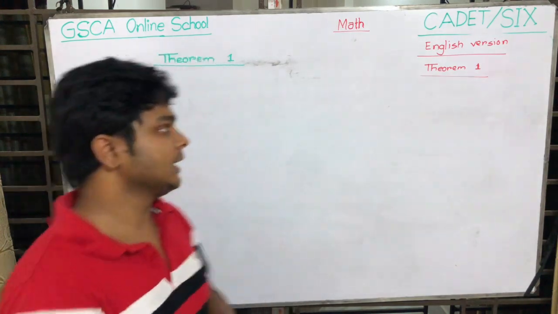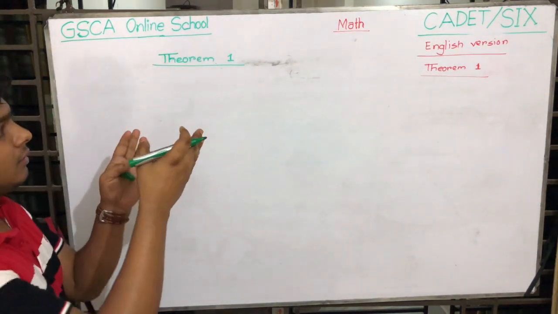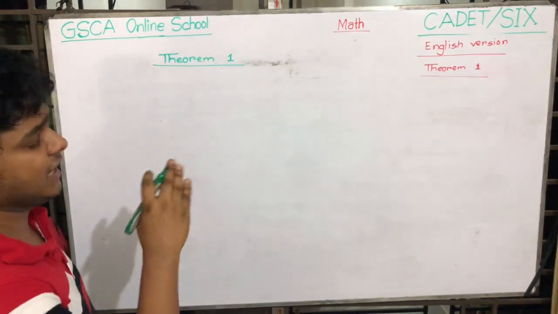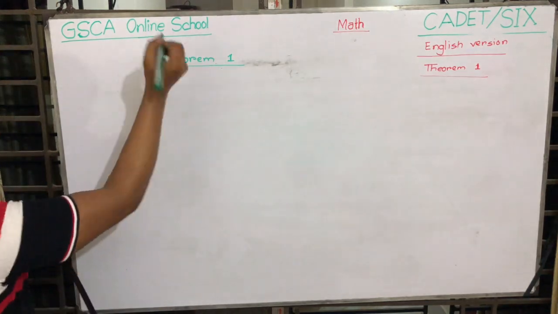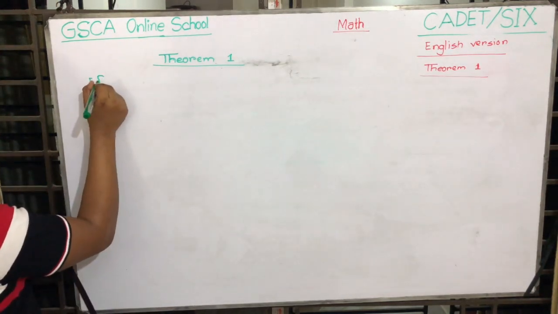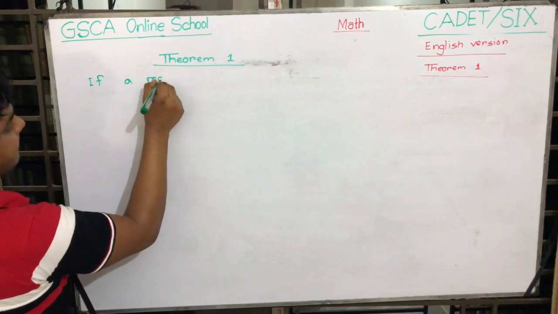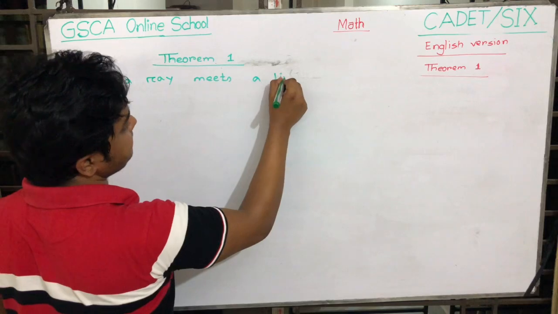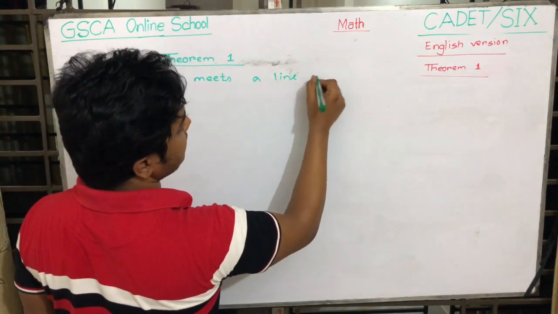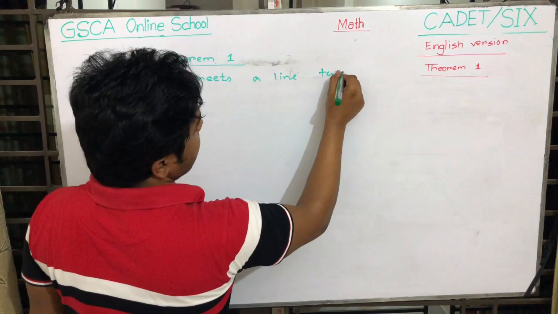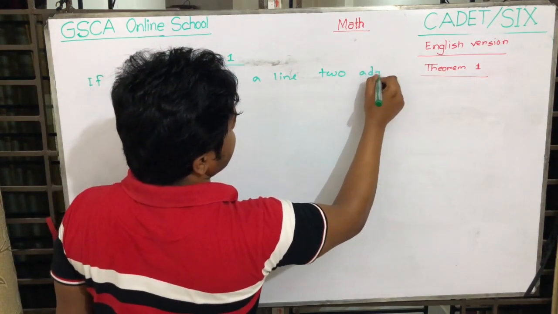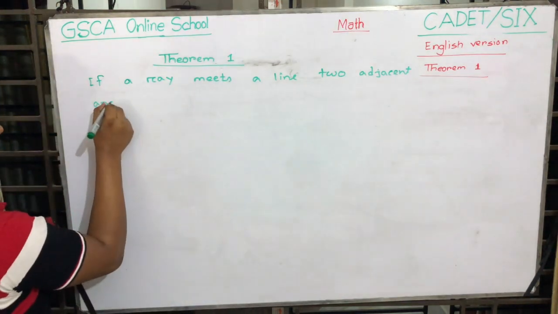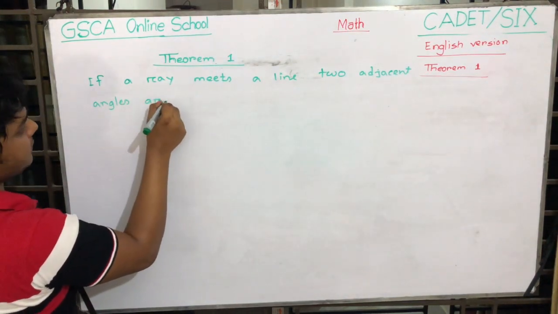Clear? Now I am just giving the solution, I am not writing the question. So what we will write? If a ray meets a line, two adjacent angles are formed.